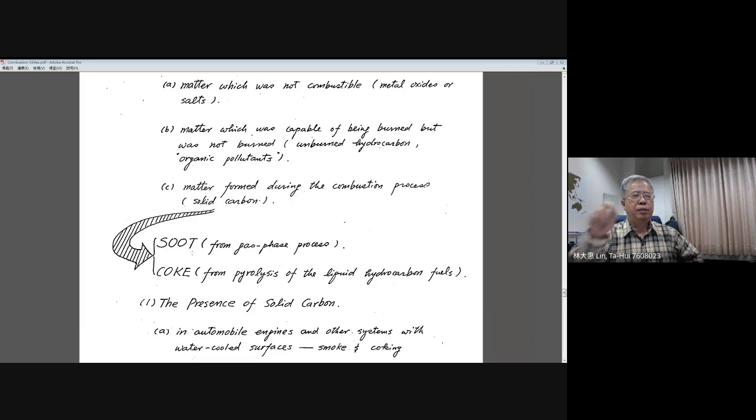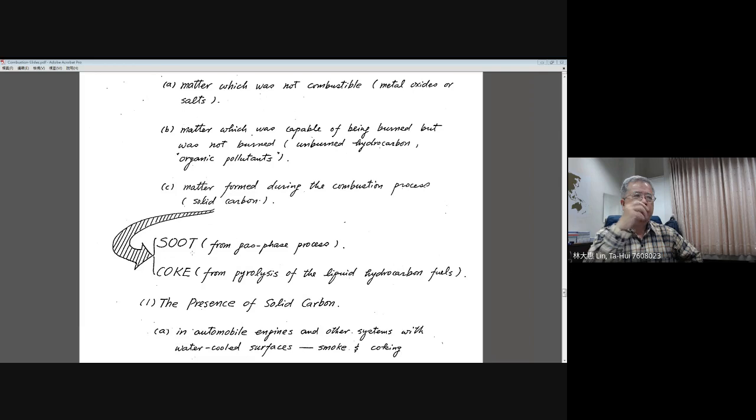Soot means very small, tiny carbon particles that exist in the high temperature zone. That means in the gas phase process, you can see the so-called yellow flame. The second we call coke.